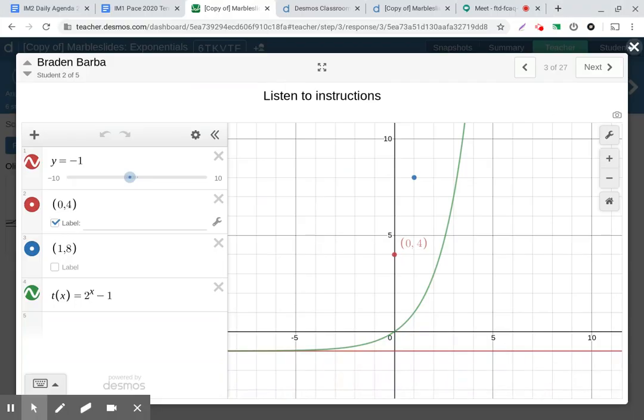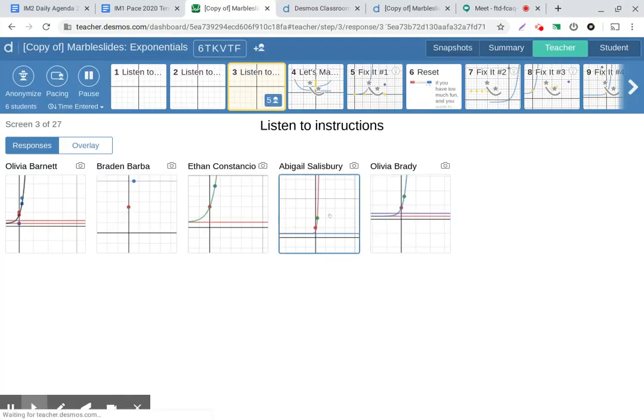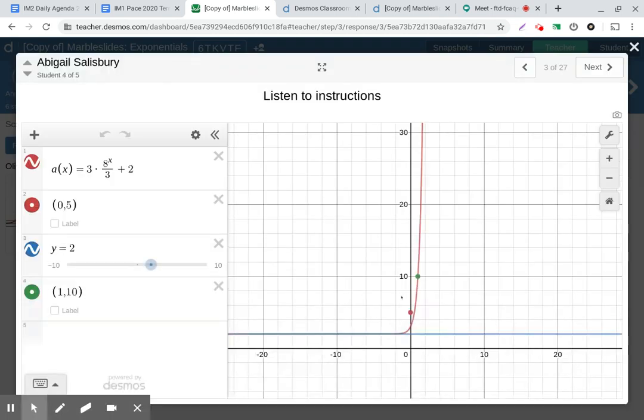Oh, it didn't work. It didn't hit 0.5. Oh, I think the 3 has to be a 5 then. I might have made a mistake. Wait, no. I see it. So Abby, the x power, put 8 over 3 in parentheses and then to the x power.